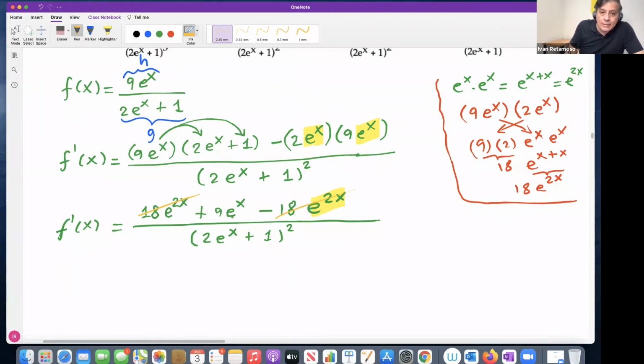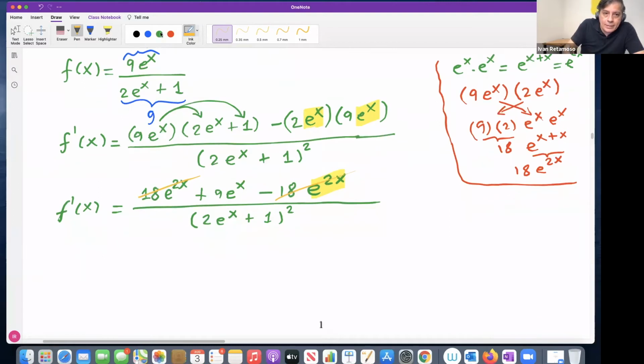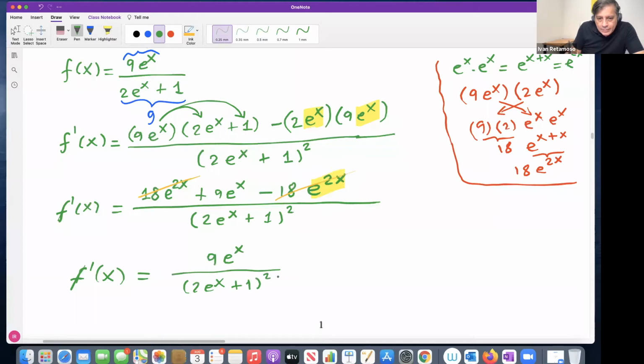What is left? Just this guy. So, believe it or not, guys, this f prime of x will be equal to just this, 9e to the x over 2e to the x plus 1 squared, okay?